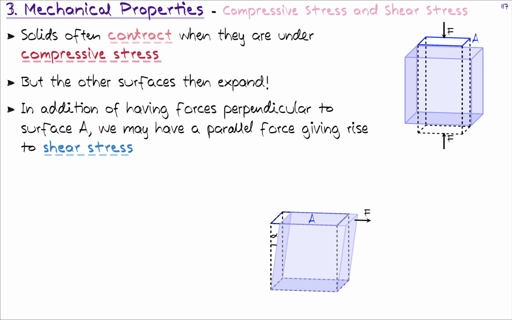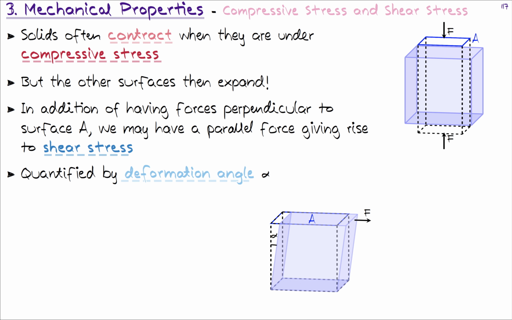This is shown in the figure: we have the cross-sectional area of our solid, and now we are applying the force sideways. To define the actual amount of stress we are imposing on the material, we calculate the surface area and the force, and then we get the shear stress.